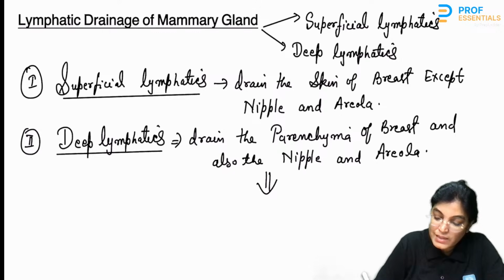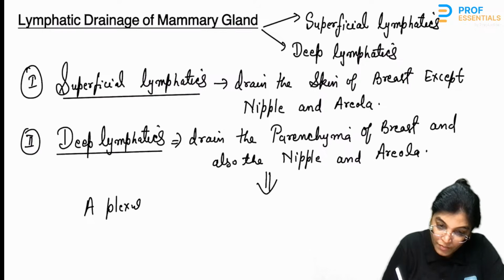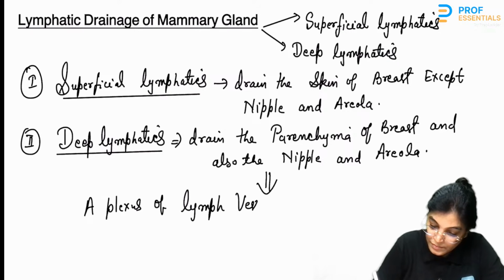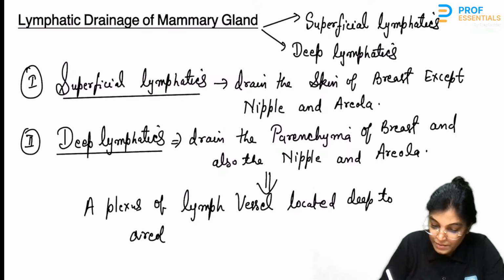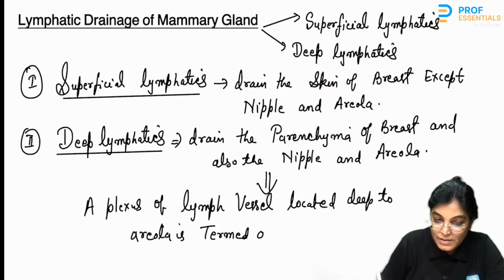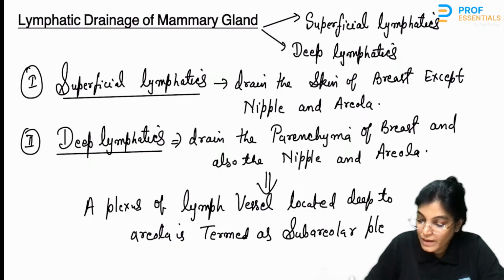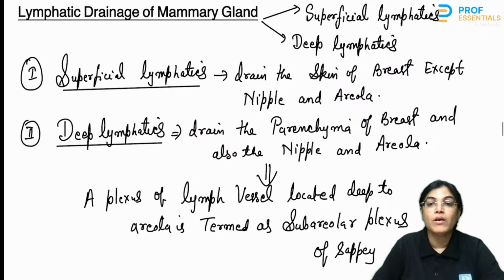This is very important, and it has been asked in the MCQ also: a plexus of lymph vessels located deep to the areola is termed the subareolar plexus of Sappey.